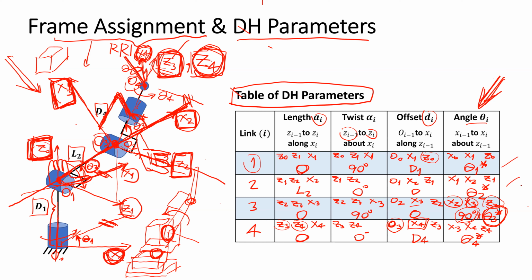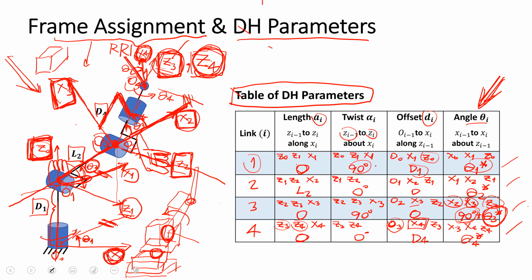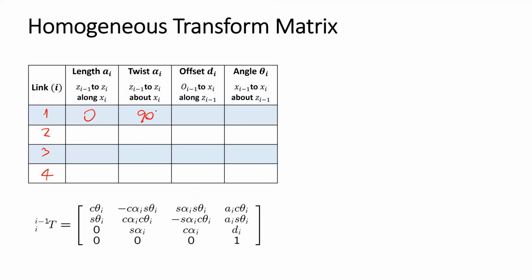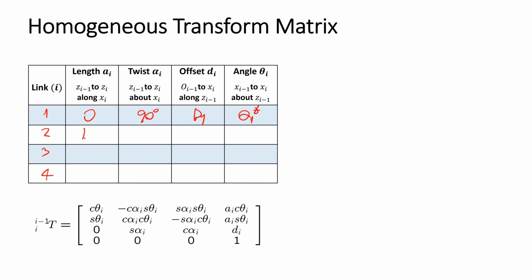Let's summarize the parameters again in the new table. For link 1, we have 0, 90 degrees, D1, and theta 1. The link 2, we have L2, 0, 0, theta 2.